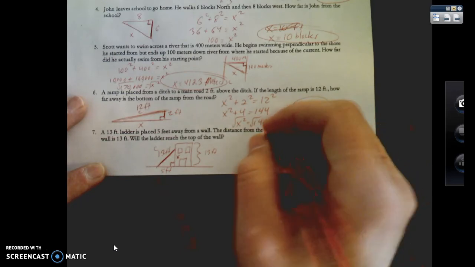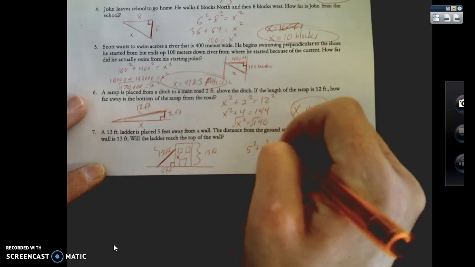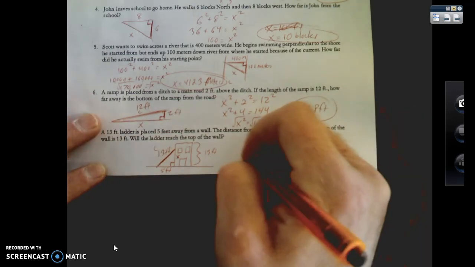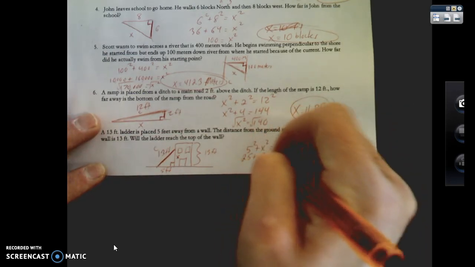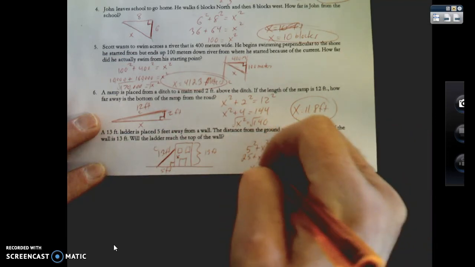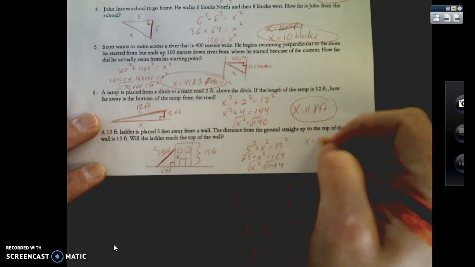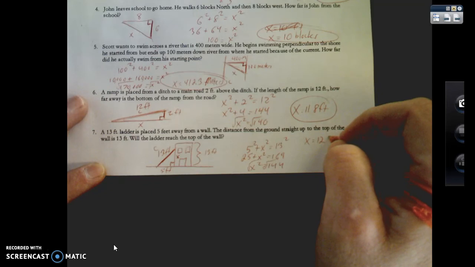So we have to run the Pythagorean theorem. Again, here's my corner. There's my C. So I'm looking at 5 squared plus x squared equals 13 squared. 25 plus x squared equals 169. Subtract 25 over. Square root. X equals 12 feet.